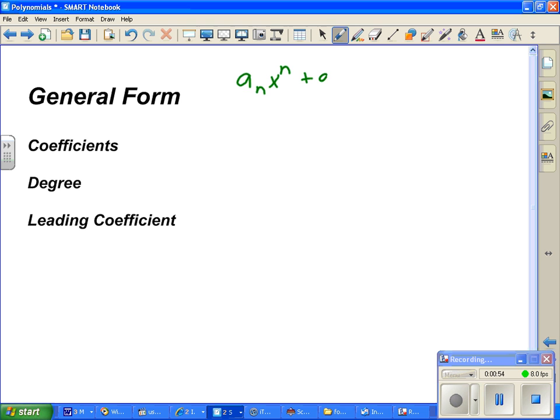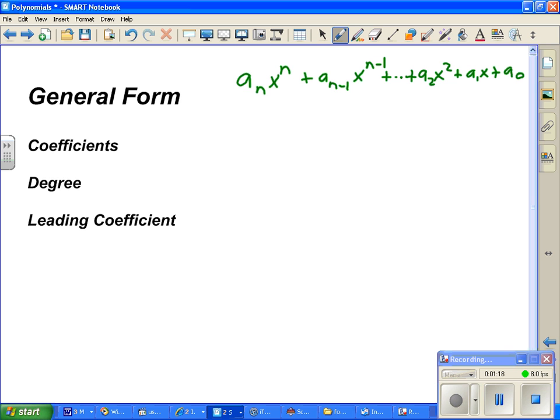Plus a sub n minus 1, x to the n minus 1, plus, and then there's some dots in here, plus a sub 2 x squared plus a sub 1 x plus a naught.